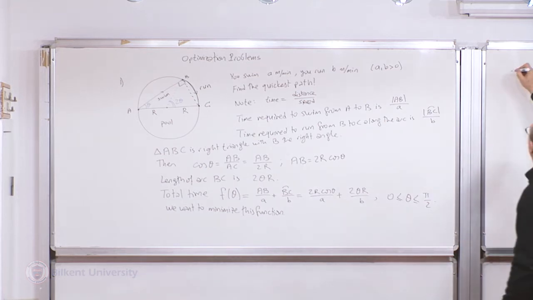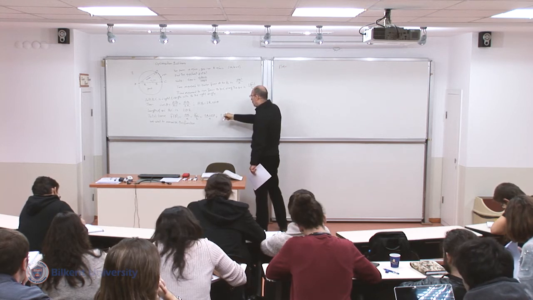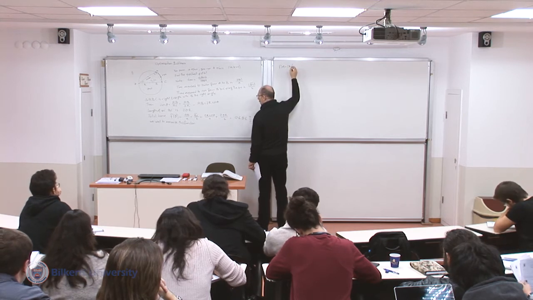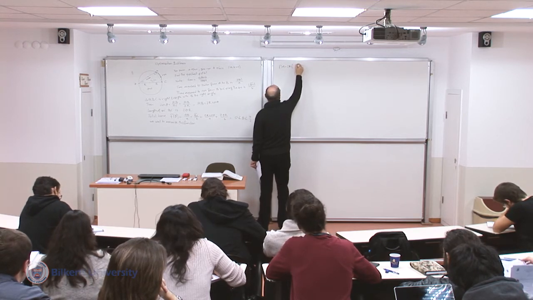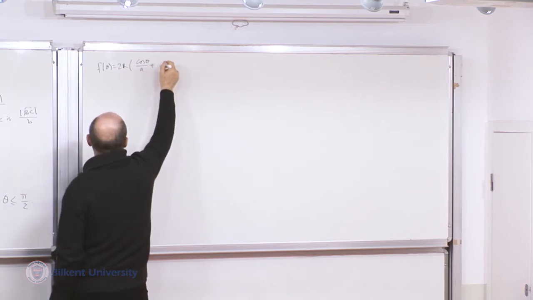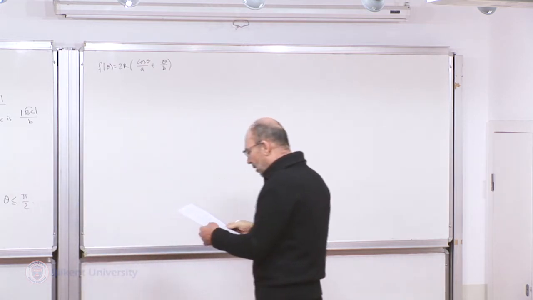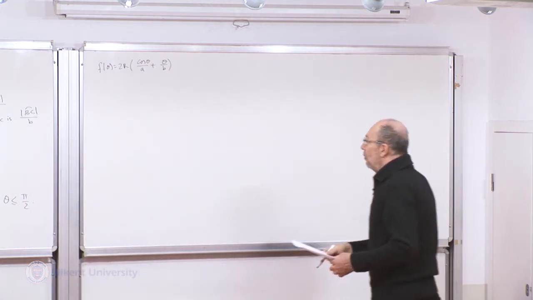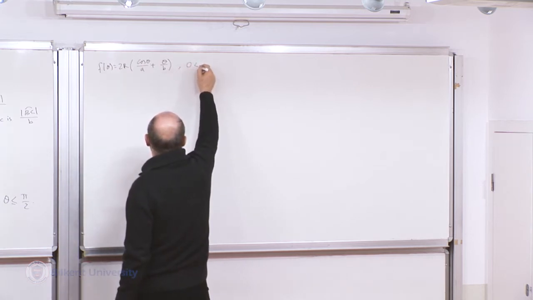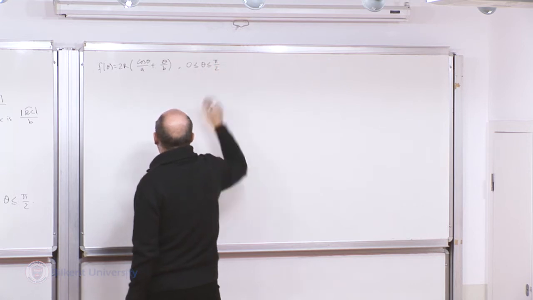Note f of theta is equal to, you take 2r out, 2r, and now you have cosine theta over A plus theta over B. So this is our function. Let me repeat that we are only interested in these values of theta.